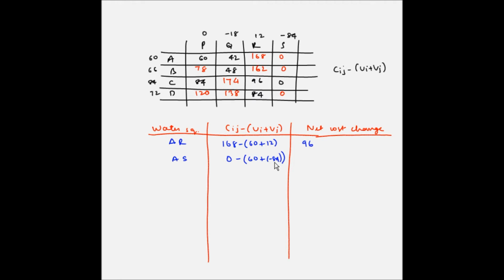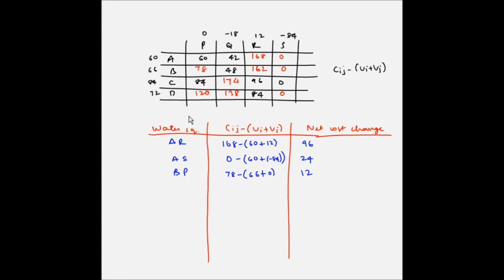So 60 minus 84 is minus 24, and then there is a negative sign outside, so minus minus will become plus. So this value is 24. The next water square is BP. Cij is 78, Ui is 66, and Vj is 0. So 78 minus 66, the value is 12.